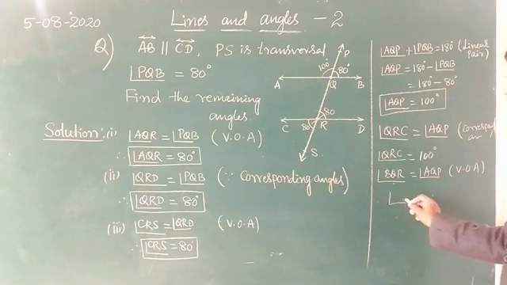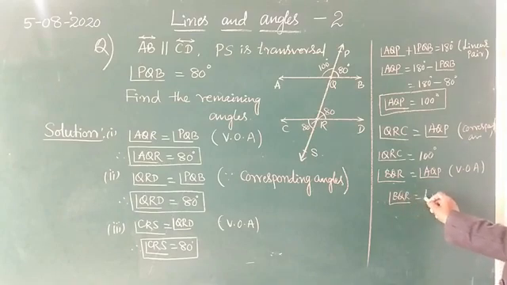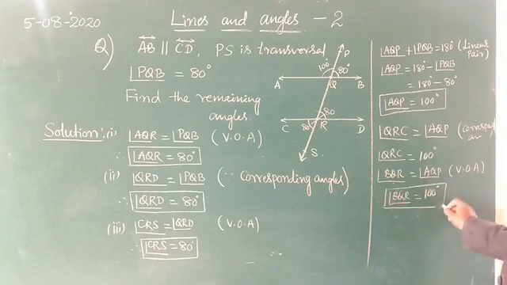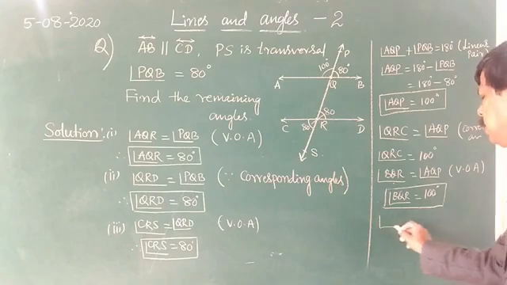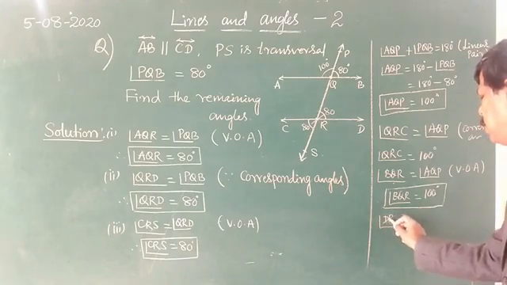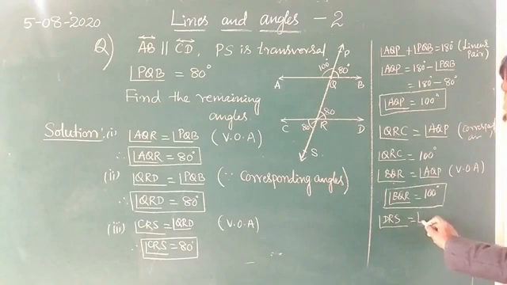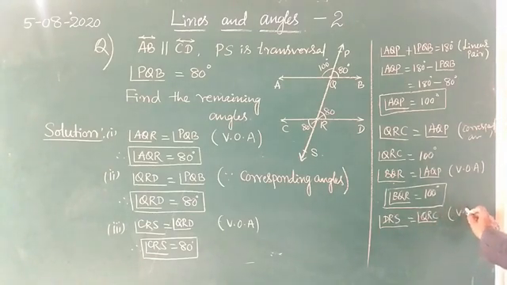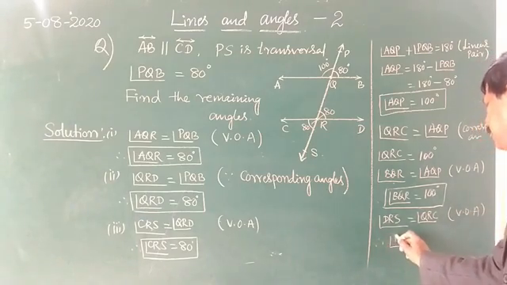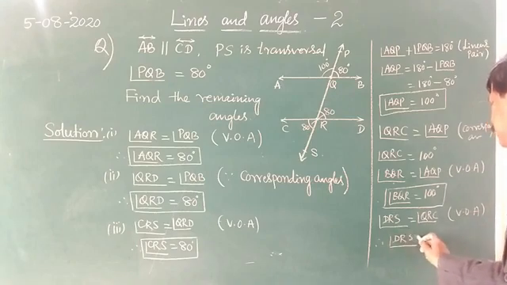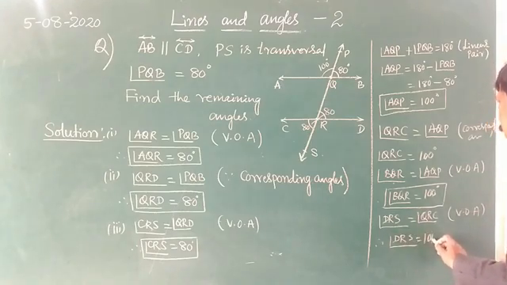Therefore angle BQR is equal to 100 degrees. And the last one, angle BRS is equal to angle QRC. These are vertically opposite angles. Therefore angle BRS is equal to 100 degrees.